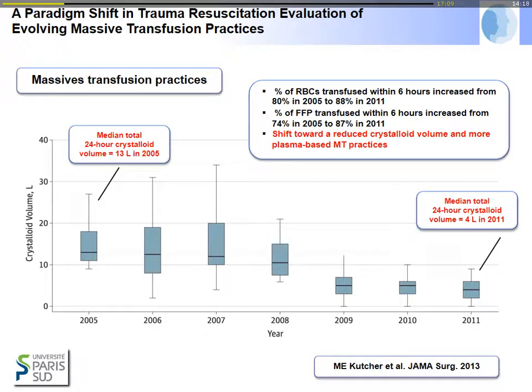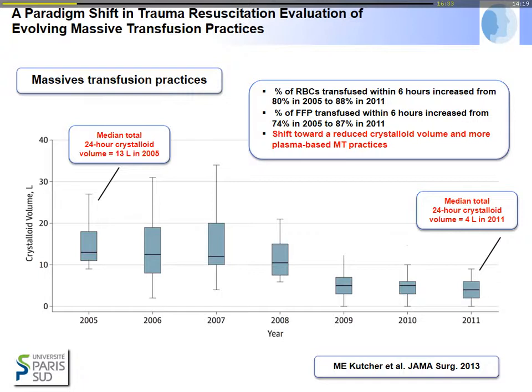When we apply this strategy, reducing the volume resuscitation and being very aggressive on the coagulation and the transfusion, clearly during the past 10 years there has been a shift toward a reduction of the crystalloid volume and an increase of blood transfusion and FFP. And it's clear in this slide.